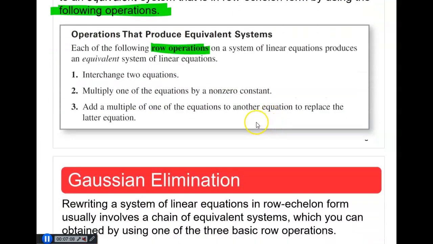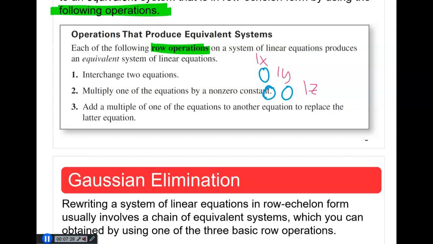The things that we could do is interchange two equations, and the reason we say that is because we want to have the coefficients in that step pattern, like 1x, 1y, and then 1z. We want to have that, and then we want to have zeros below the ones.